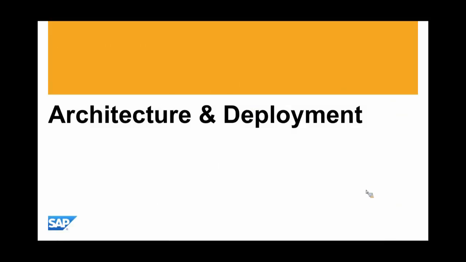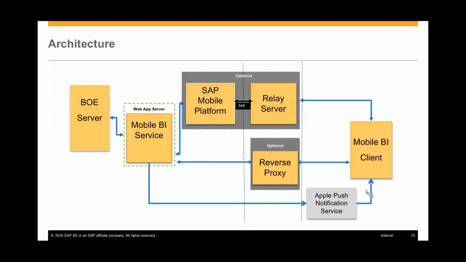To give a brief overview of the architecture and the deployment scenarios, Mobile BI is included as part of the BI platform. So when you're deploying your BOE, there is an option in the feature selection to deploy the mobile server as well. That is the Mobile BI service, which is basically a web app server. And then you have the Mobile BI client, which you can download from the App Store.